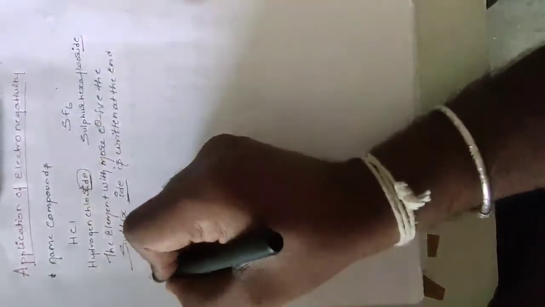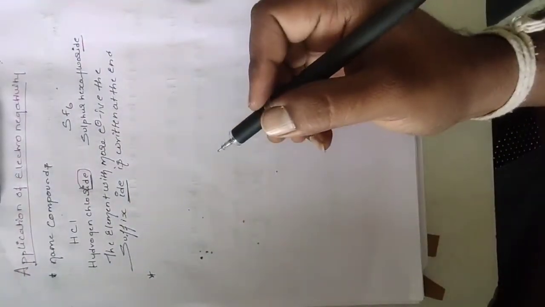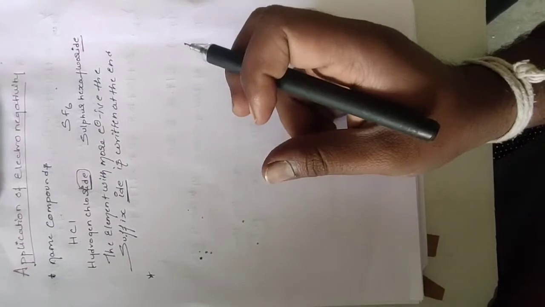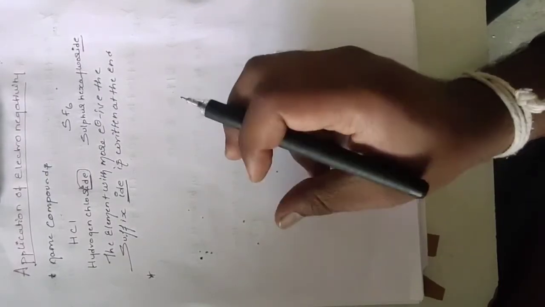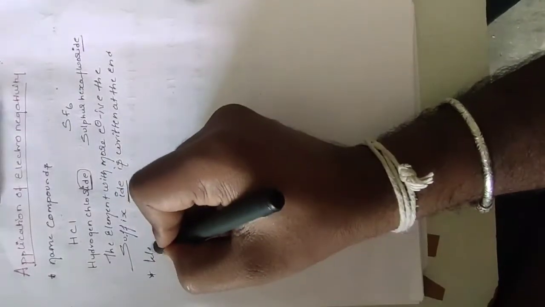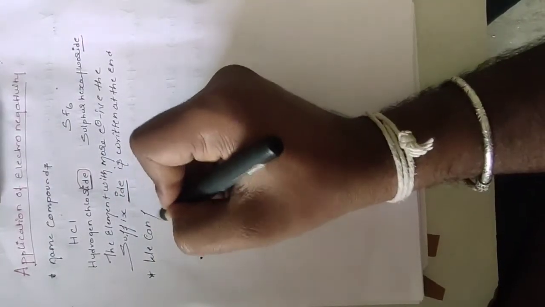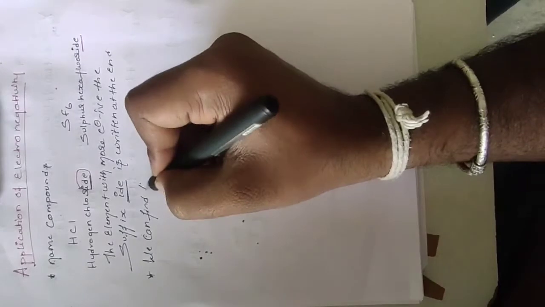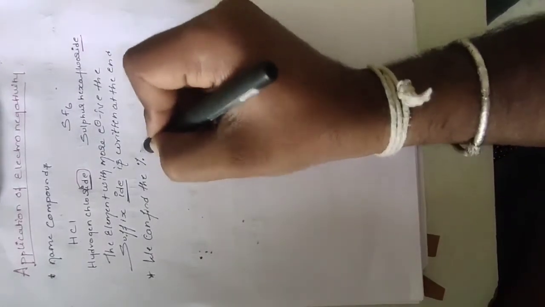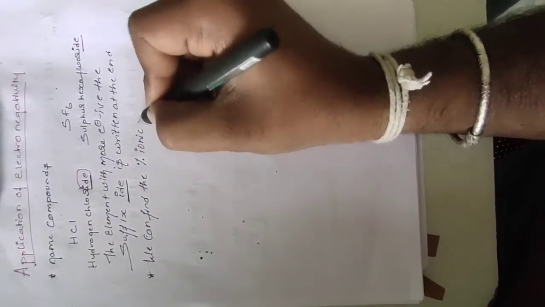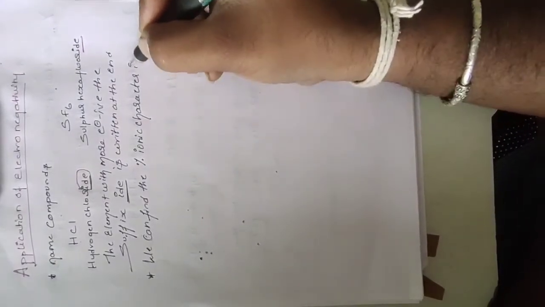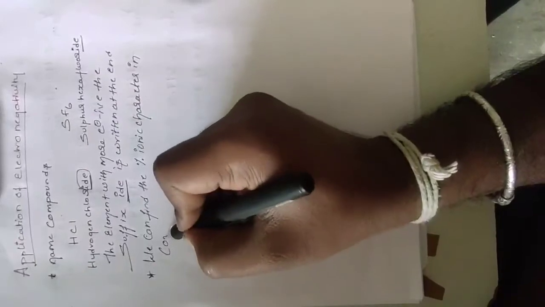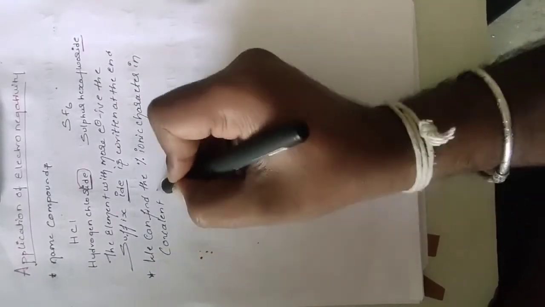Second point, we can find the percentage of ionic character in a covalent bond.